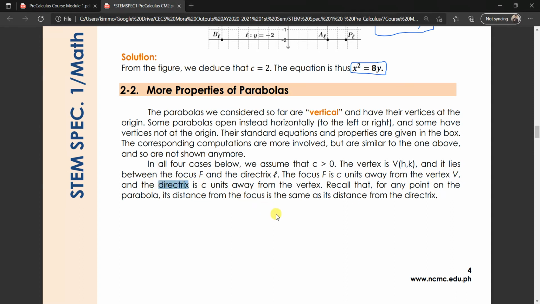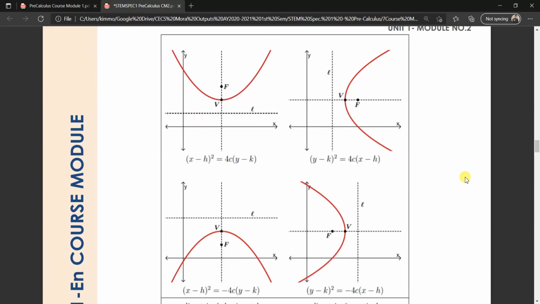So they are equal in distance, c. And recall that for any point on a parabola, its distance from the focus is the same as its distance from the directrix.